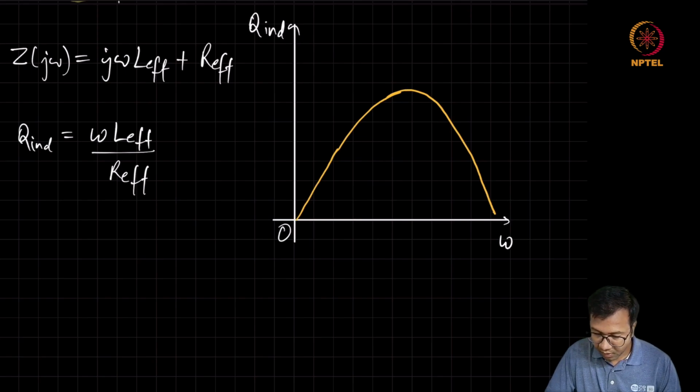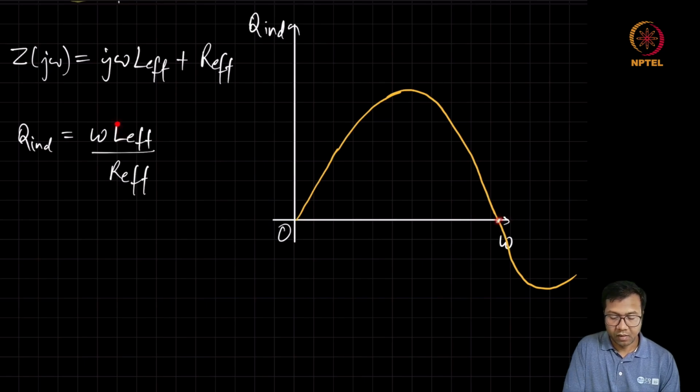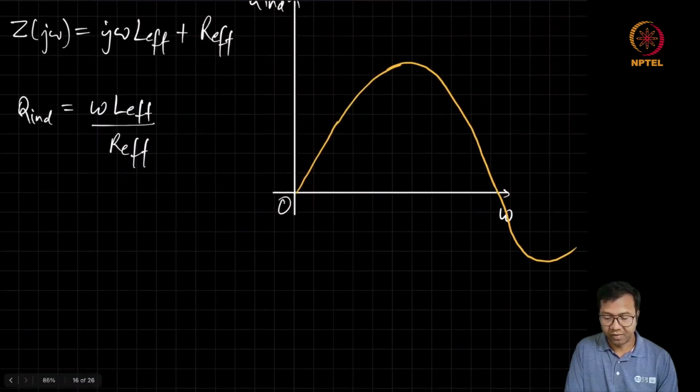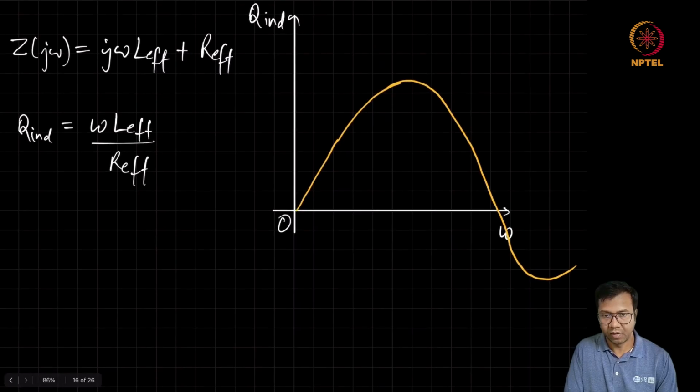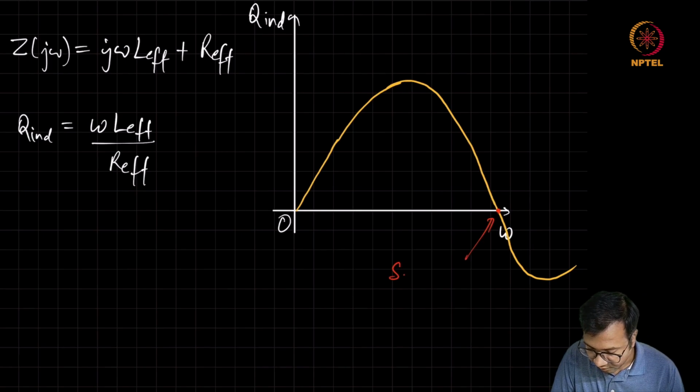And beyond a frequency, we will see that the Q becomes negative. At this frequency where the Q becomes 0, L effective actually has become 0. And this is happening because there is a capacitance in the inductor model, as we have already seen, which makes the net reactance 0 at resonance. And beyond that, the reactance becomes capacitive. So this is the self-resonant frequency.